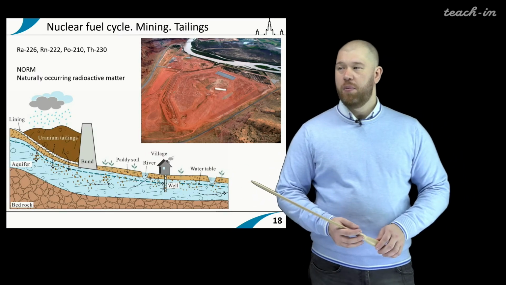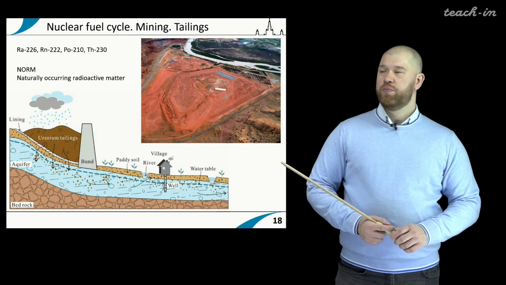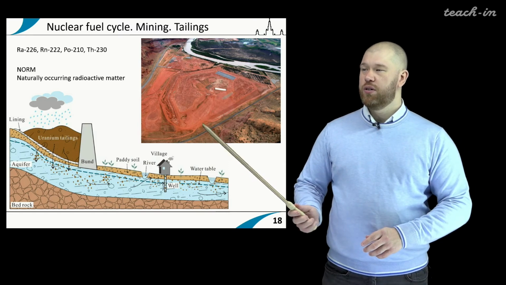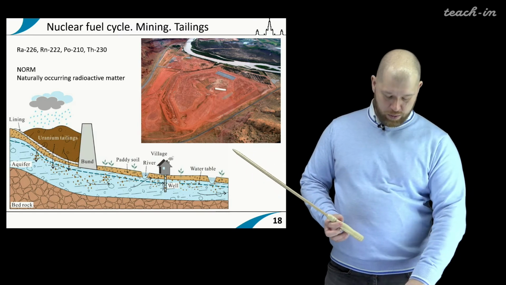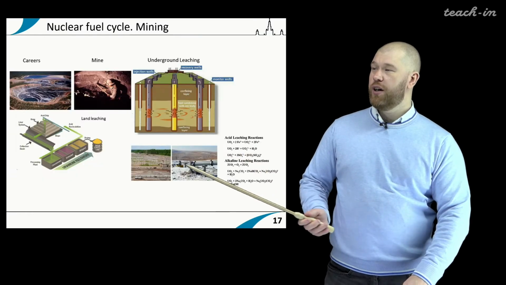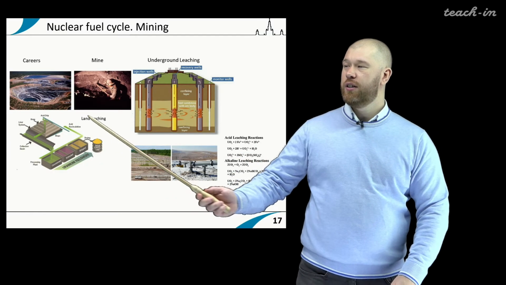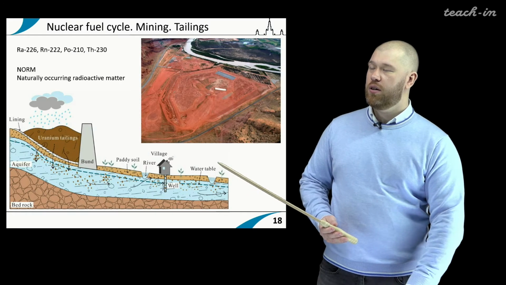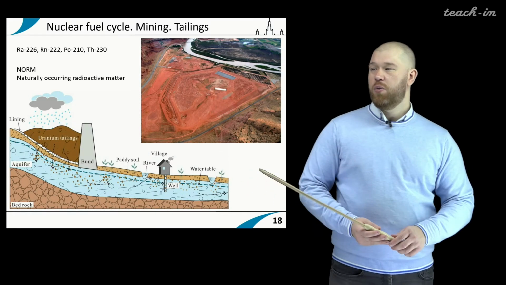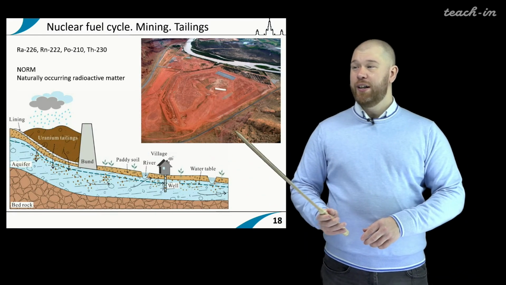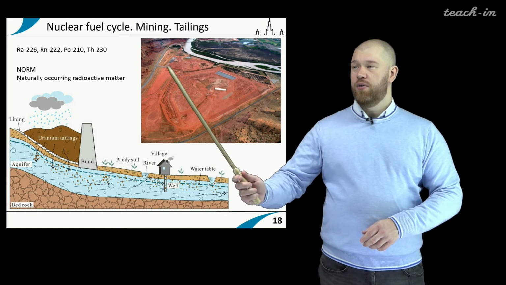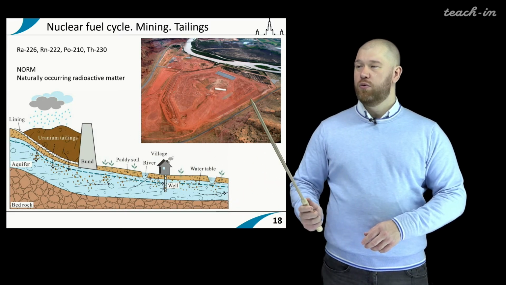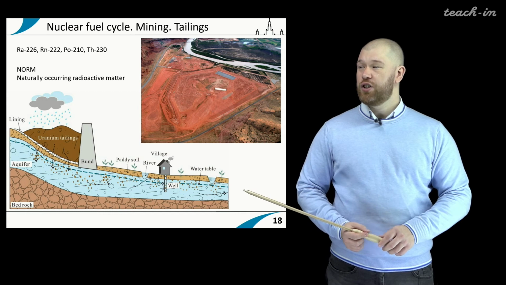During the mining of uranium, when we use these two types of mining, quarry or mines, we produce quite a lot of tailings from this uranium ore extraction.